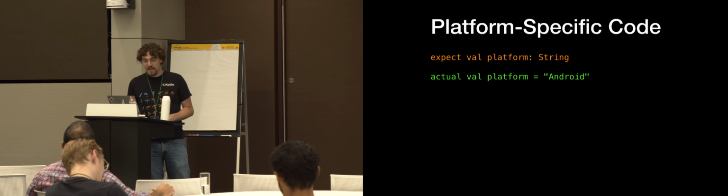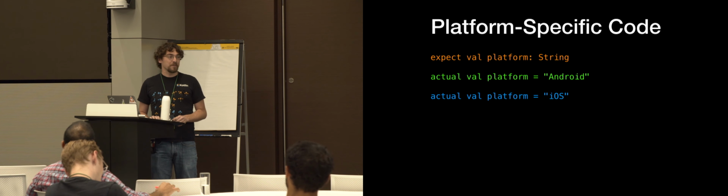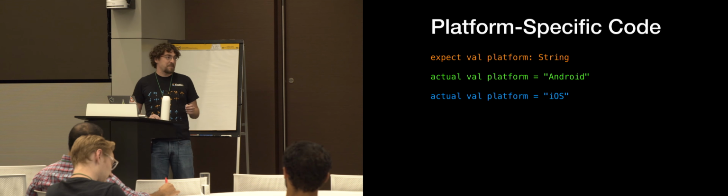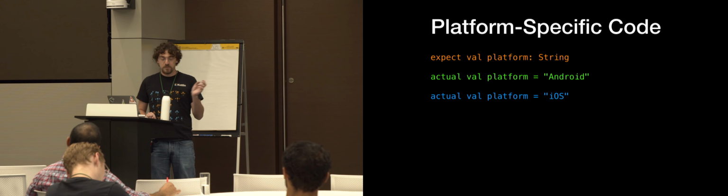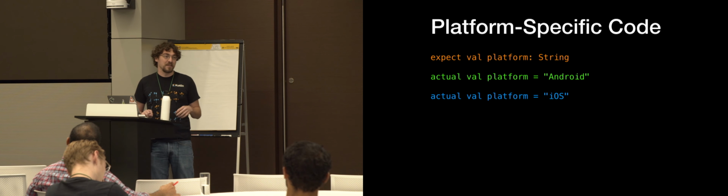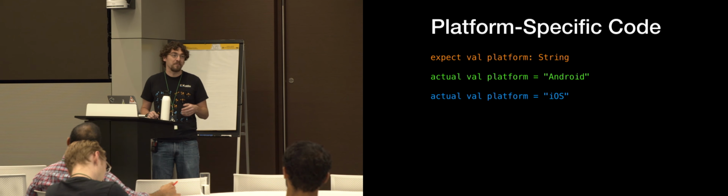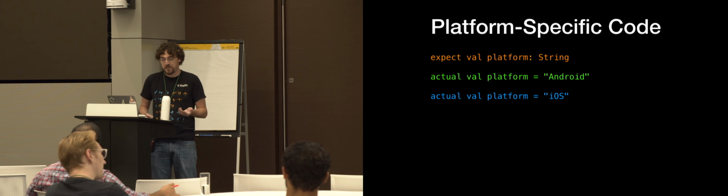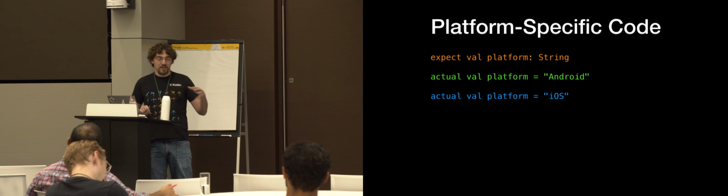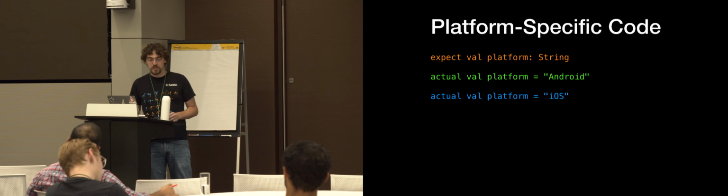And then you can define actual implementations per platform. So in this example, we're saying, in my common code, I expect to have access to this string called platform. My common code doesn't know what it's going to be, but my Android and my iOS code both provide a definition. It will in general be different per platform because that's why you're doing this, or else you would have just defined it in common. But you're able to freely make those changes.